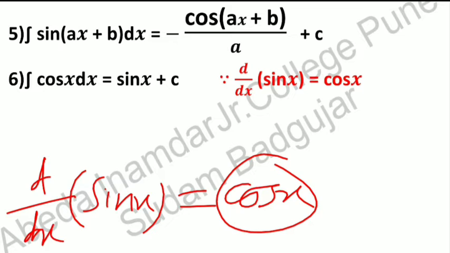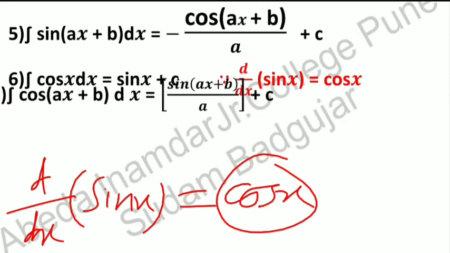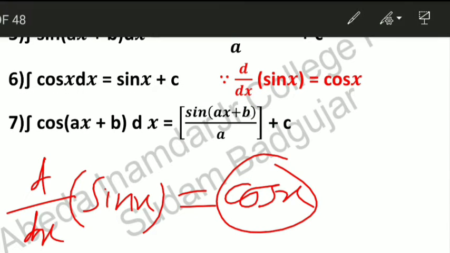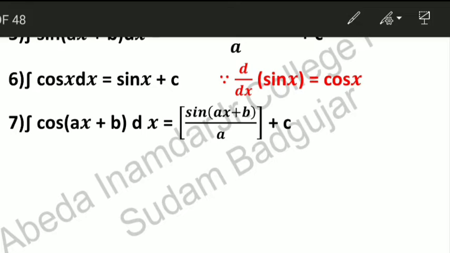Then the integration of cos of ax plus b is equal to sin of ax plus b divided by the coefficient of a.